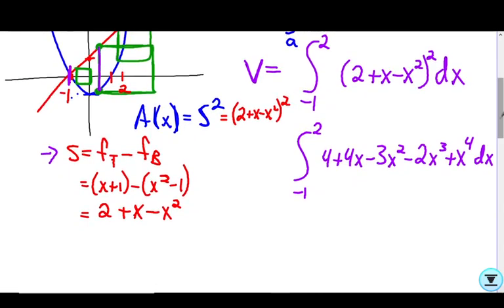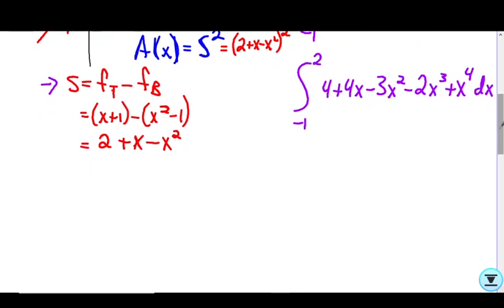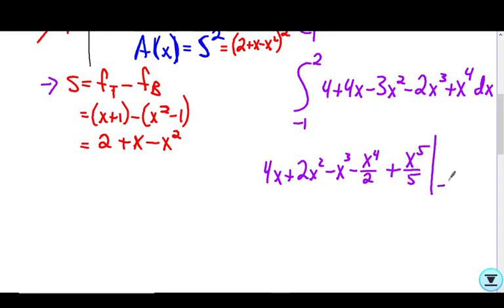So you have to FOIL this out, and I'm not going to do all of that. That's algebra. But we're doing the antiderivative. Our antiderivative is going to be 4x plus 2x squared minus x cubed minus x to the fourth over 2 plus x to the fifth over 5. We're evaluating it from -1 to 2.